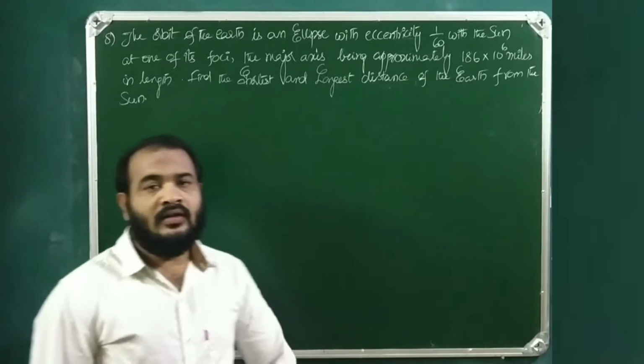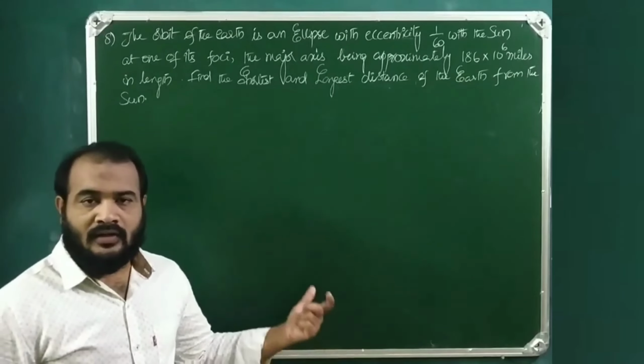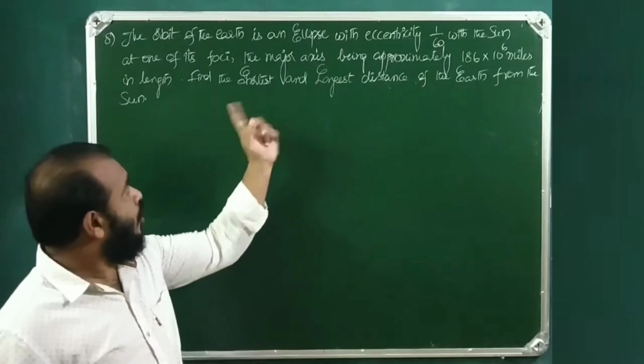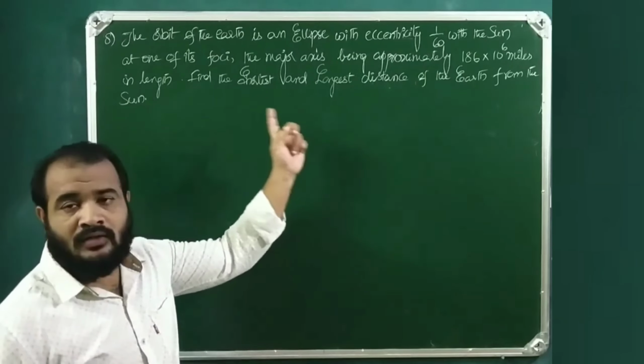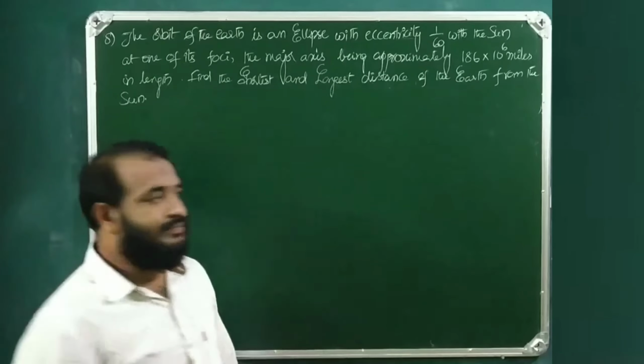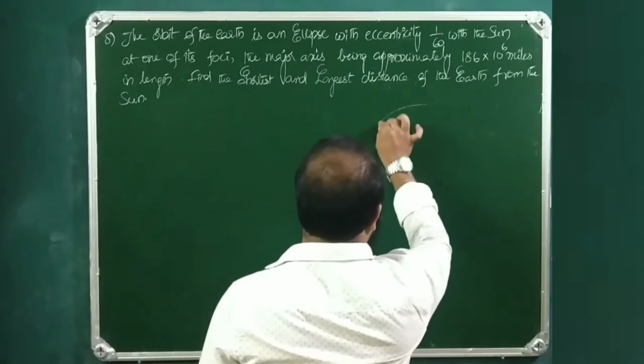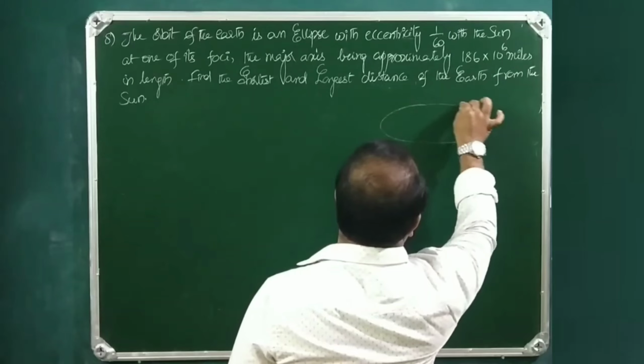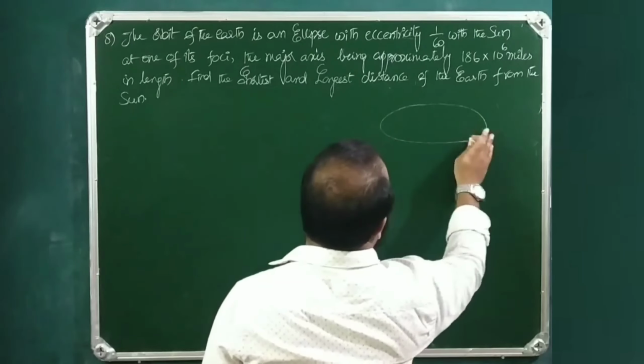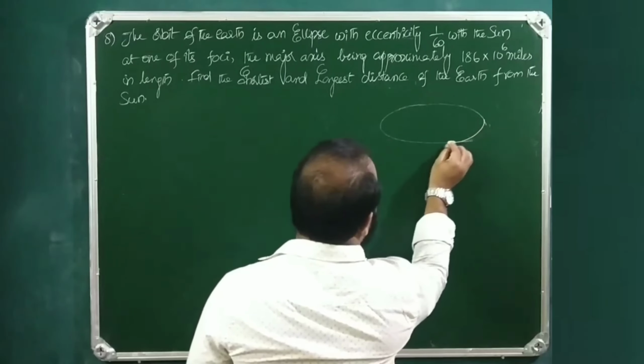We know that the path of the orbit of the Earth is an ellipse. So, let us suppose that this is the orbit of the Earth.